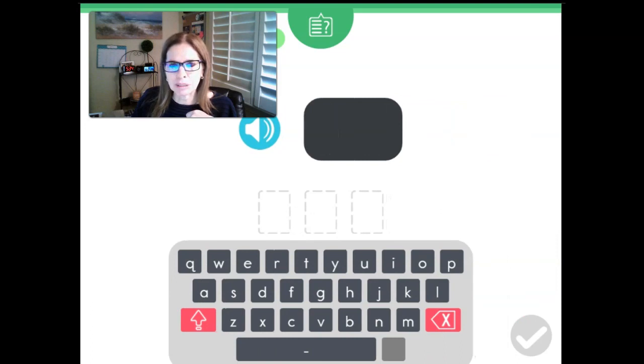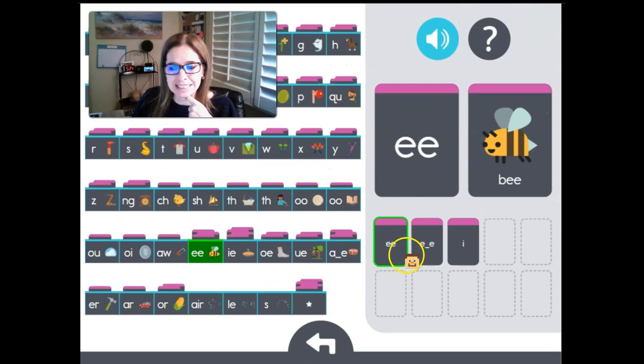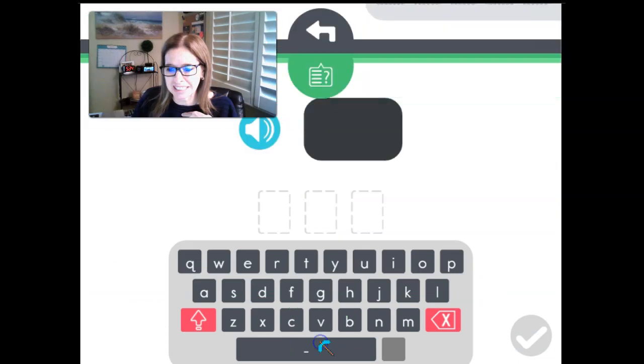Now they want me to type the spellings I know for the E sound. Remember, if I need to, you have your pocket chart. So I know I have this E spelling that we're working with today. I also have E separated E, and I also have I that can be the E sound. So we're going to see which ones we need today.